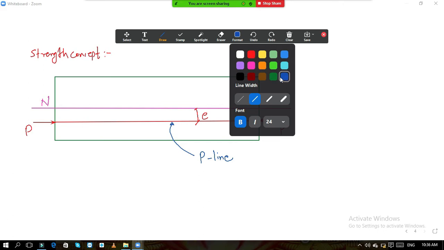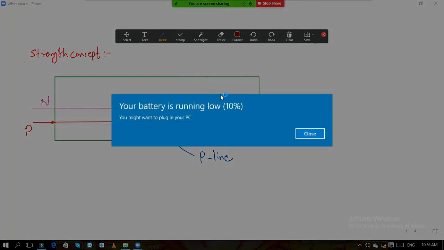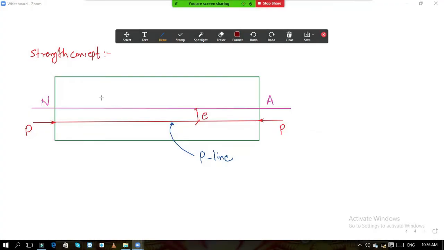I will draw that line. See here, I will draw one line, and this is called the C line. This is an imaginary line.